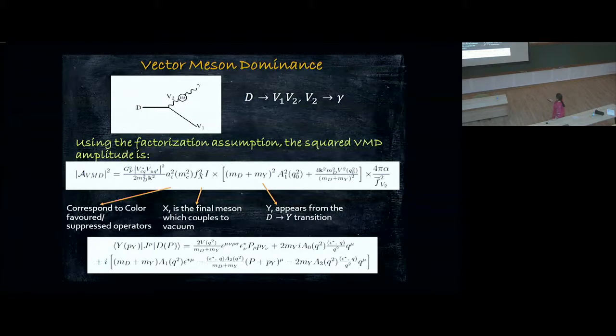So you use the factorization assumption and write down your VND amplitude in terms of form factors, and here the A1, A2 correspond to the color suppressed and color favored cases, and X is the meson which finally couples to vacuum, and that's why you have the decay constant of this meson.